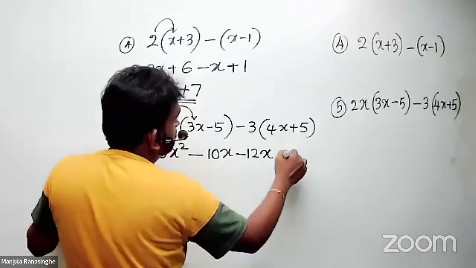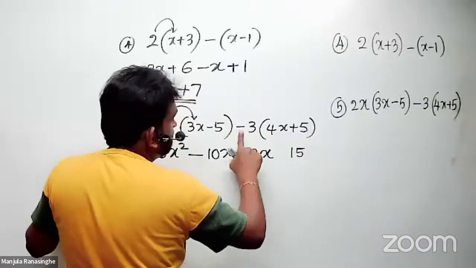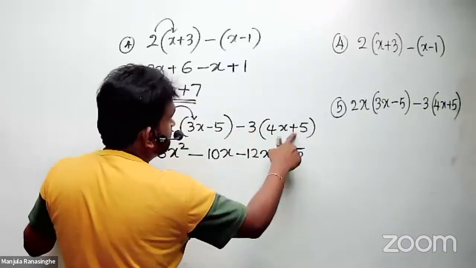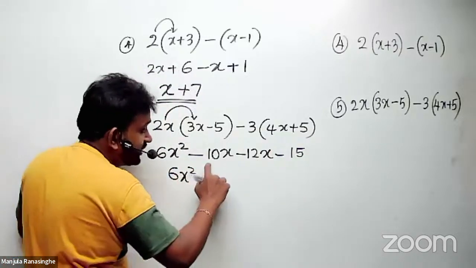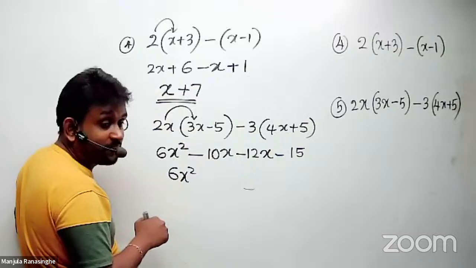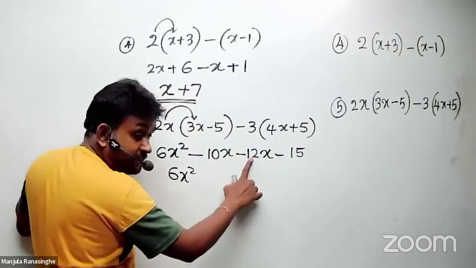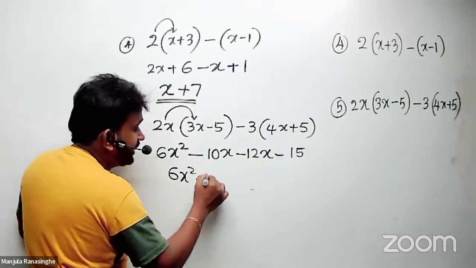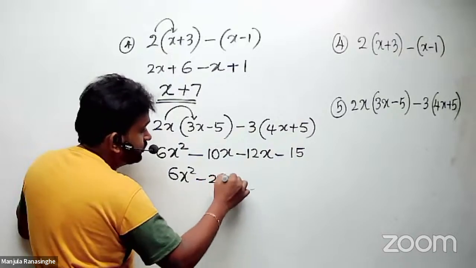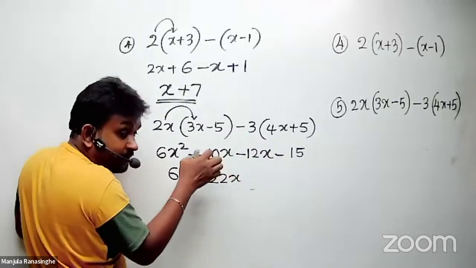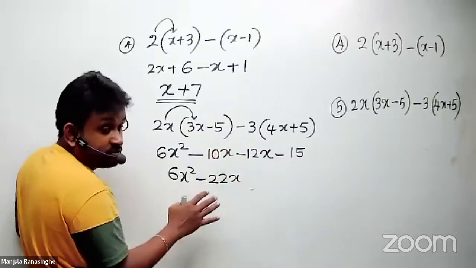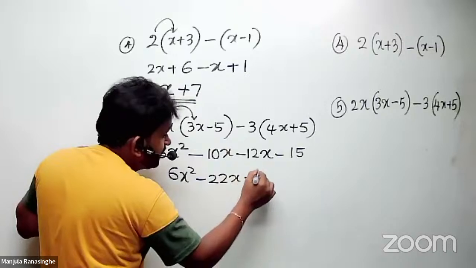Then 3 into 5, 15, minus plus, negative, positive, negative. Now you can simplify x terms. These are the like terms. So negative 10x, negative 12x, you can add together like negative 22x. They are similar terms and the signs are the same, so you can add them together and keep the existing sign. And here negative 15.